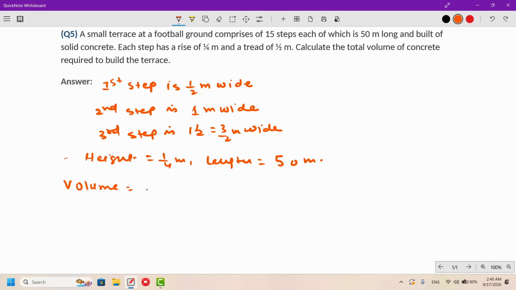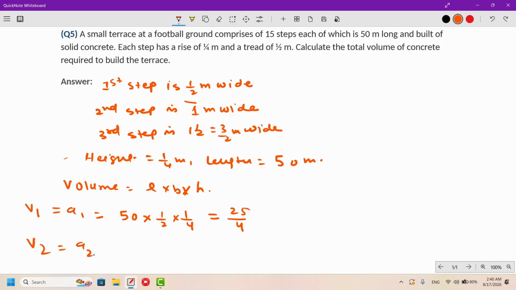Volume is equal to L into B into H. So let's find V1, which is equal to A1. L is 50, breadth is 1/2 and height is 1/4. So this will be 25/4.